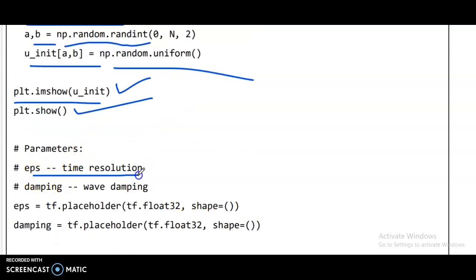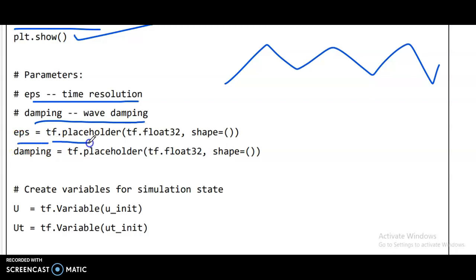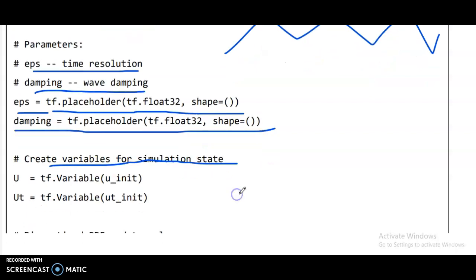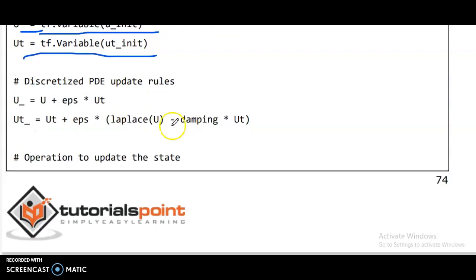Parameters: eps is the time resolution, damping is the wave damping. eps equals tf.placeholder tf.float32 shape, damping equals tf.placeholder tf.float32 shape. Create variables for simulation state. U equals tf.Variable U_init, Ut equals tf.Variable Ut_init.